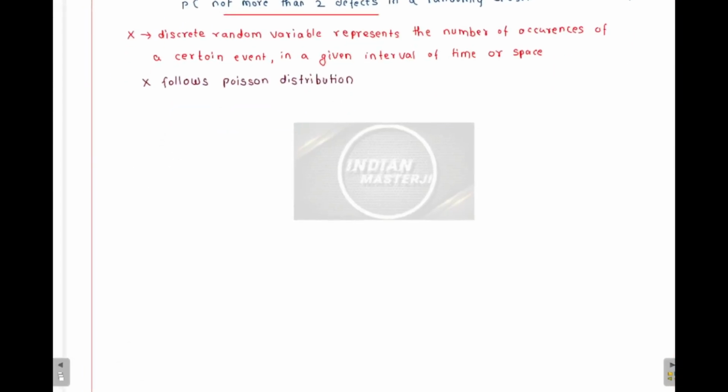What are the conditions? The first condition is that the events occur independently of each other.